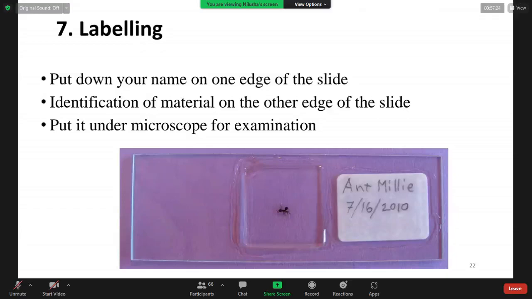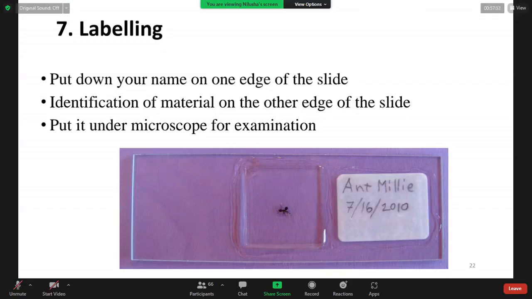In the picture you can see the preserved specimen in the center of the slide, and there is some space on both sides. On one edge of the slide you write about the specimen: the specimen name and preserved date.